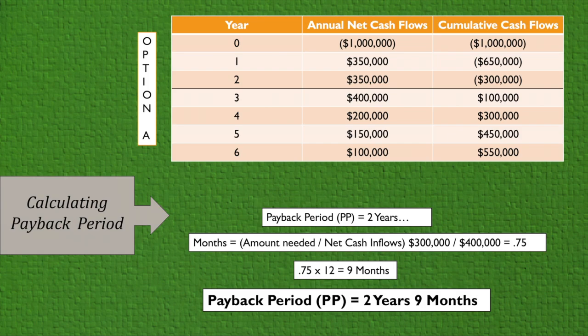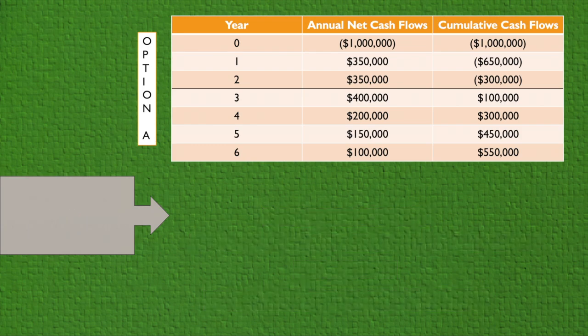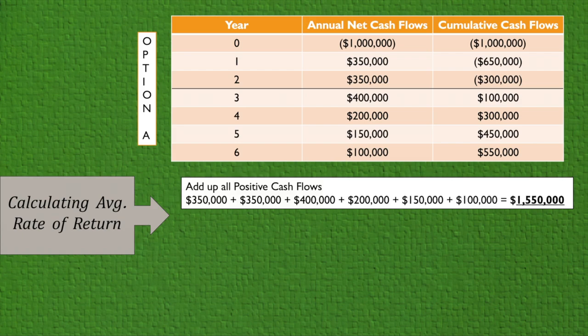That's pretty good. The next thing we need is the average rate of return for this investment, and this one is a little more complicated. The first thing we need to do is add up all of our positive cash flows. So we have 350, 400, 200, 150, 100. All of our numbers that are positive under annual net cash flows should be added up.